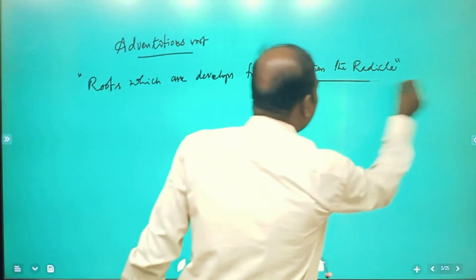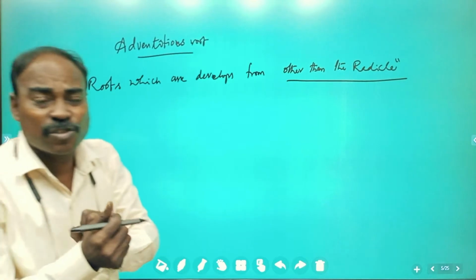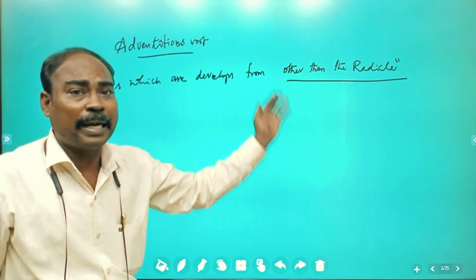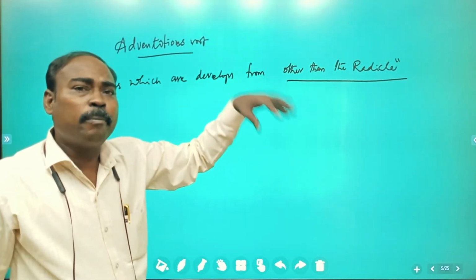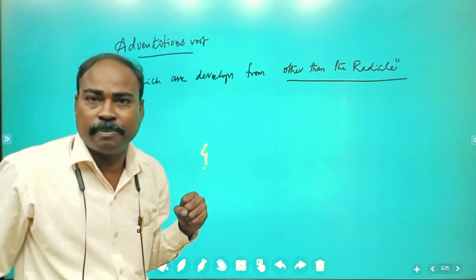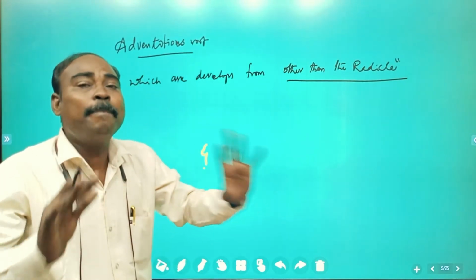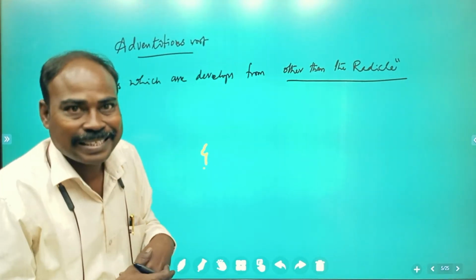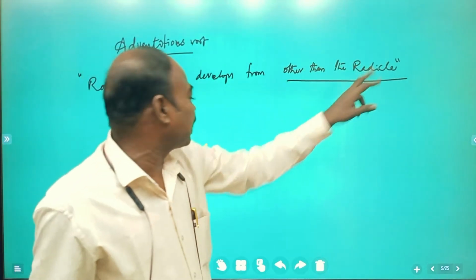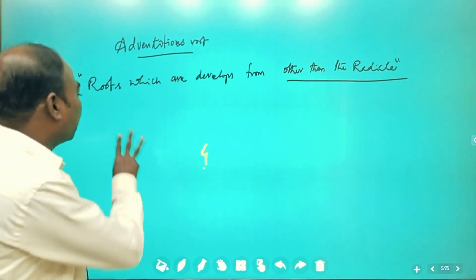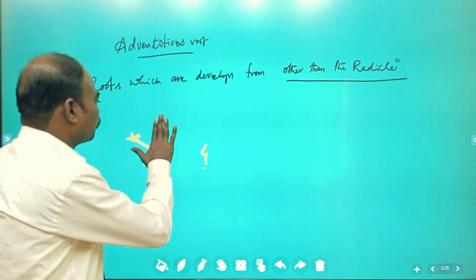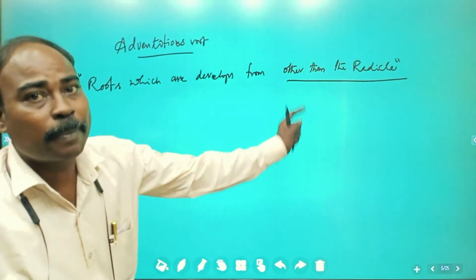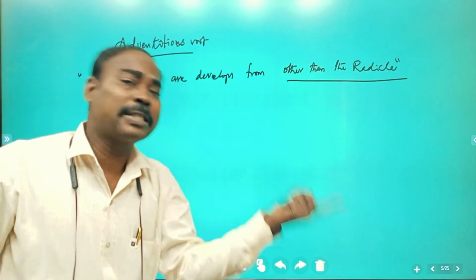Taproots develop from the radicle. Fibrous roots develop from the radicle, but after disintegration of the main root, a number of roots are developed from the base of the stem in monocot plants. But in both dicots and monocots, roots are also developed other than from the radicle. The roots which are developed from other than the radicle are seen in monocots as well as in dicots.